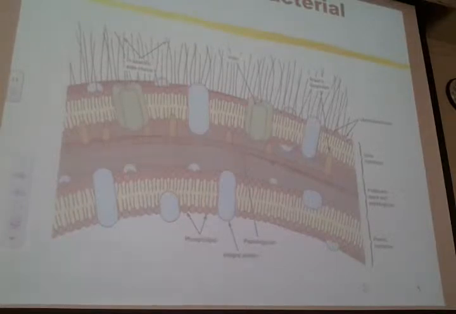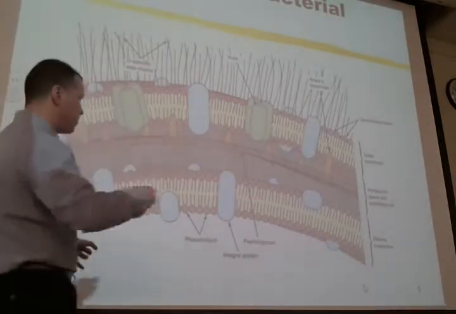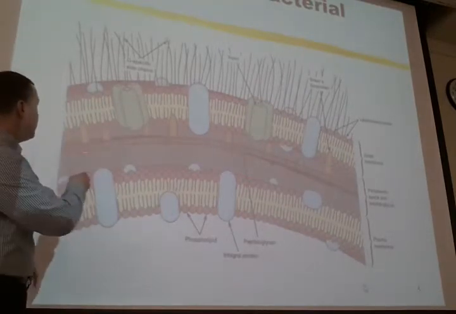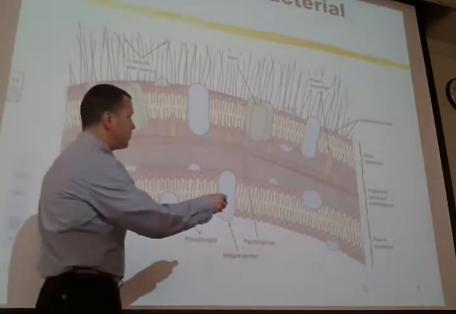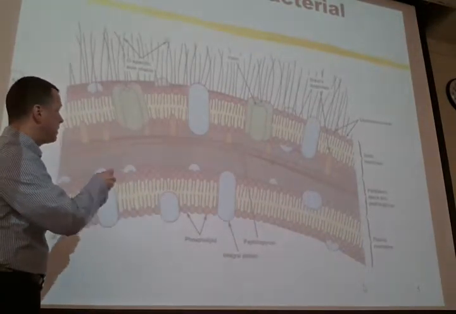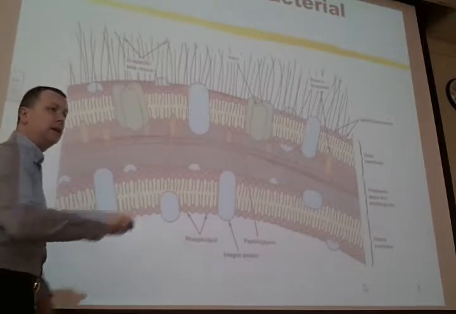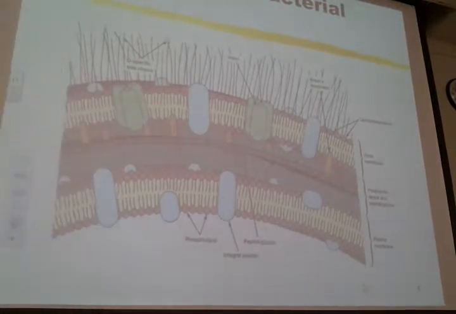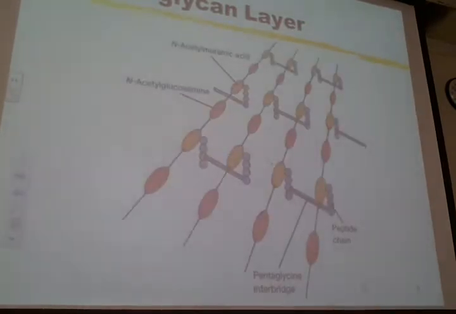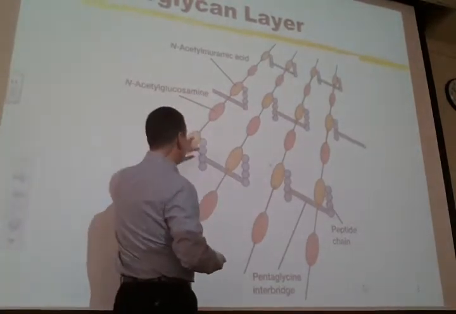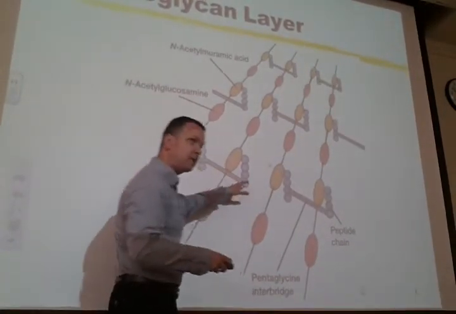Okay, so let's kind of orient ourselves. So again, here's the cell membrane. Here's our periplasmic space. And here, much thinner, but here is our peptidoglycan layer. Even though it's thinner, it's set up in exactly the same way. So it's still polymers of those two sugars alternating, the tetrapeptide tail off the NAMs, and cross links between them.